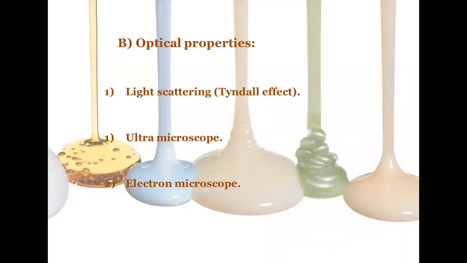Now we come to optical properties. The study of optical properties helps in obtaining information regarding the shape, size, structure, and molecular weight of colloids. The sources of light and the resolving power of the optical system mainly determine the precision and usefulness of such information. Interaction of colloidal particles with light is as follows.